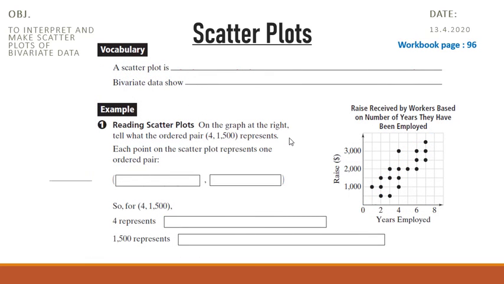now let's move to the workbook. Open your workbooks, page 96.